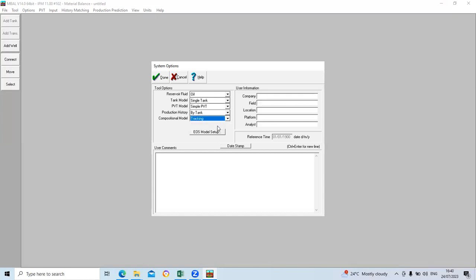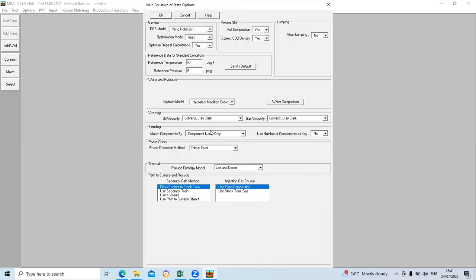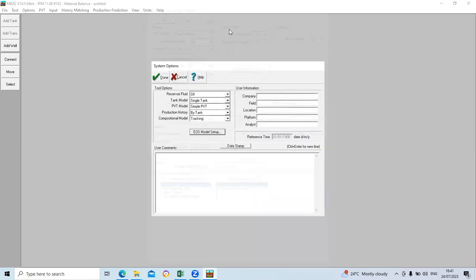For example, if you select tracking, you see that the equation of state model comes up. We are going to see how we can model our equation of state using PVTP, I think the week after next. For now, we are working with the simple or black oil model.